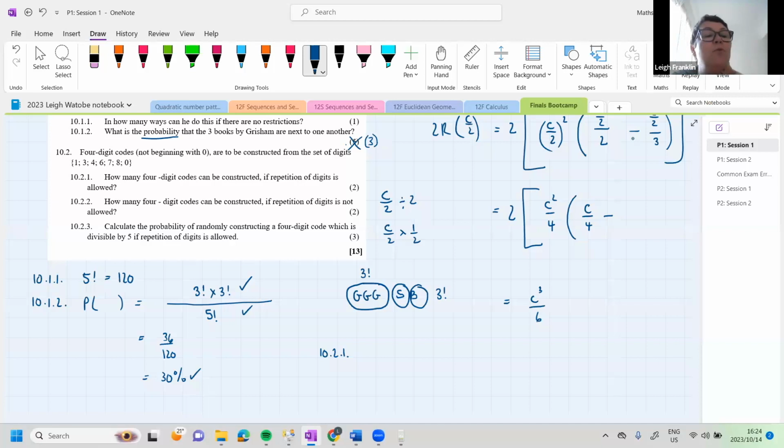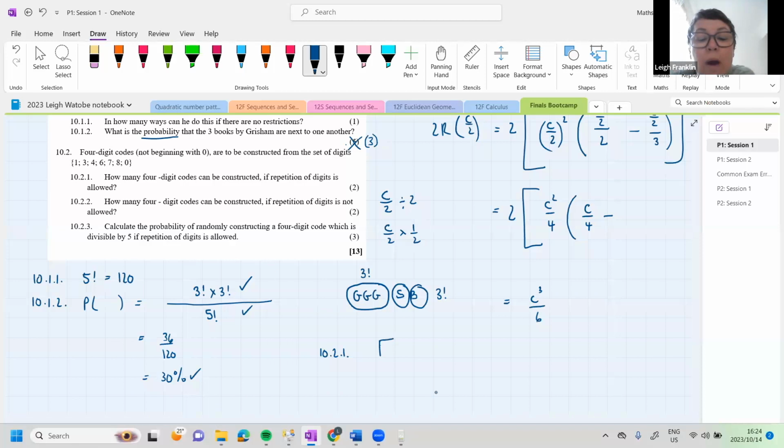So they give us a 4-digit code, not beginning with 0, and they tell us that it is to be constructed from the set of digits 1, 3, 4, 6, 7, 8, and 0, but we can't have 0 at the beginning. Then they ask us how many 4-digit codes can be constructed if repetition of digits is allowed.